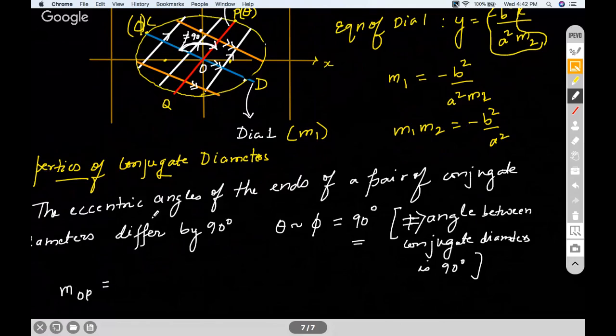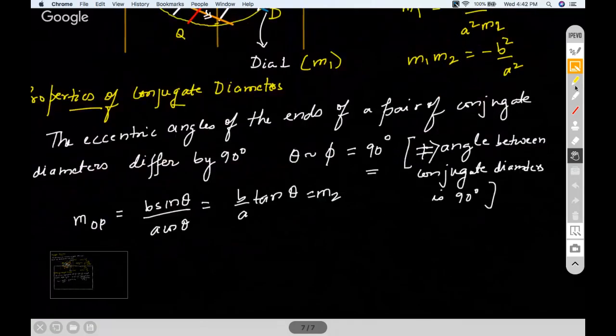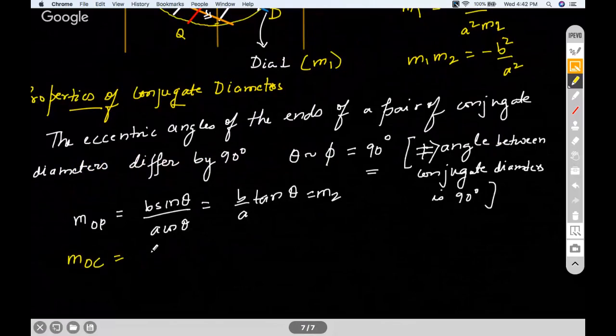The slope of OP is nothing but b sine theta by a cos theta. In other words, it's b by a tan theta. Correct? And this is nothing but m2 for you. In a similar way, what will be the slope of OC? Without waste of time, we'll say b by a tan phi, and that is going to be m1.